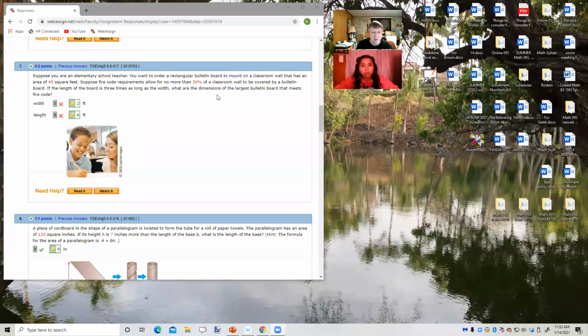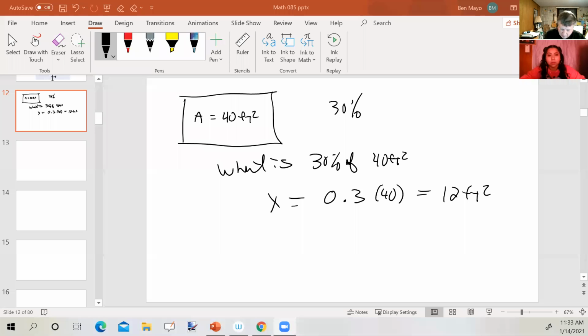It says, if the length of the board is 3 times as long as the width, what are the dimensions of the largest bulletin board that meets the fire code? So the length is 3 times the width.